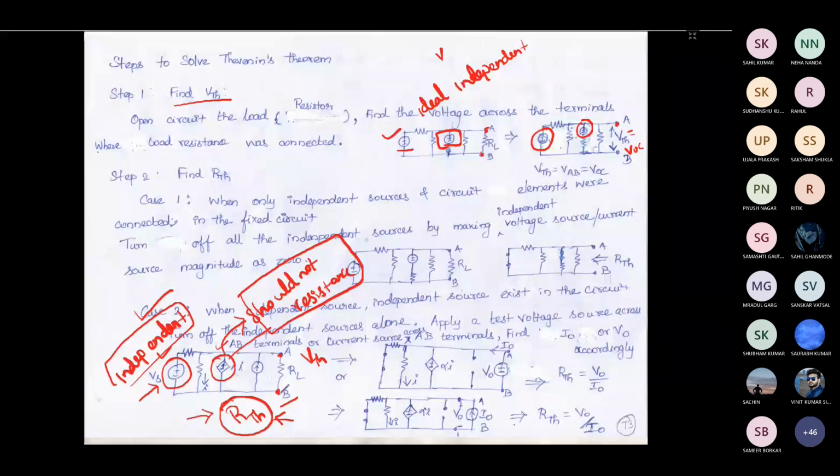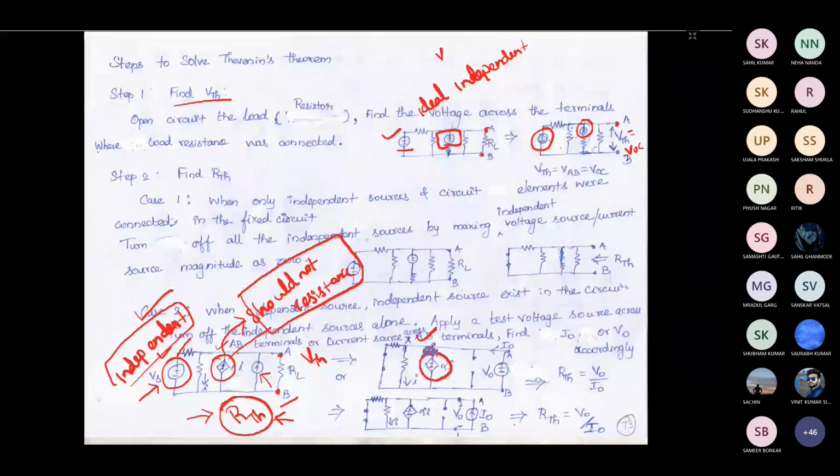Okay, so you can see here I have found VTH. This is one way of finding. So here I have one voltage source and here I have one current source. Then for finding VTH, you just remove the load. For RTH, you can see here that you have a dependent source.